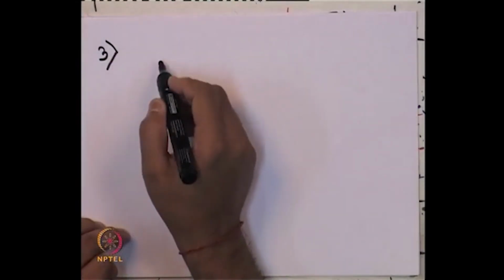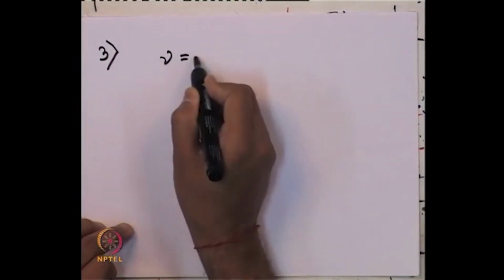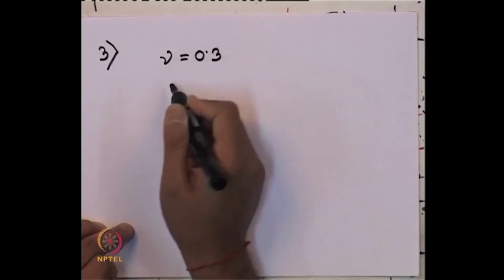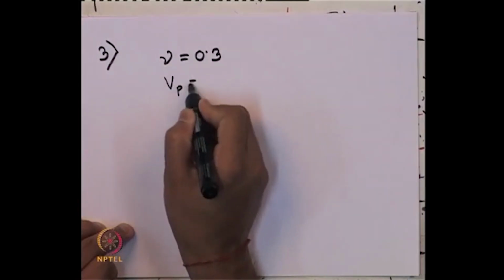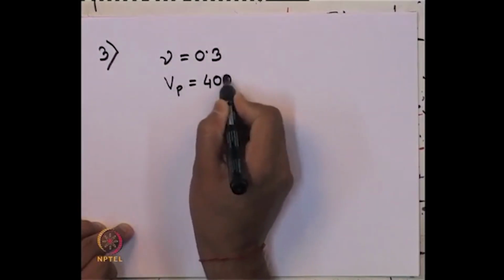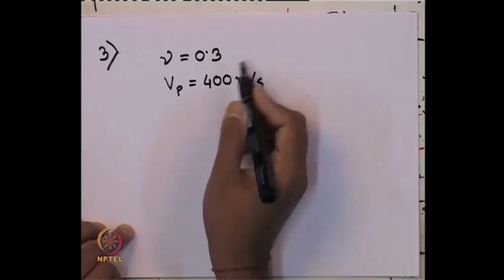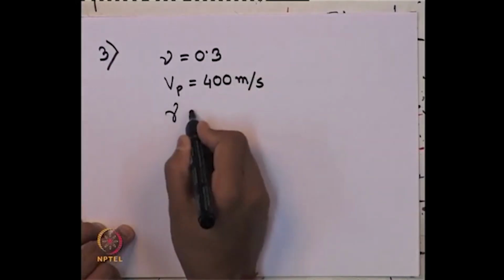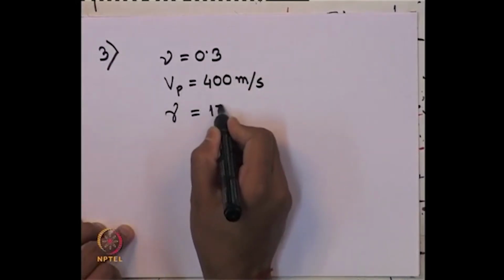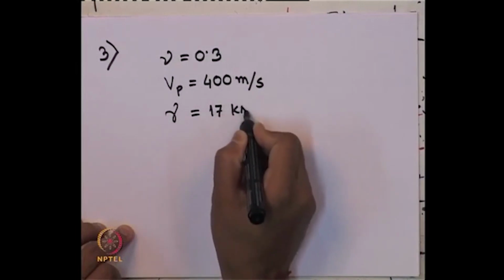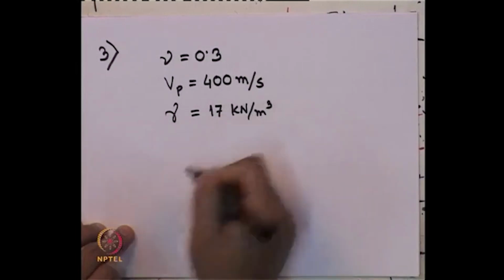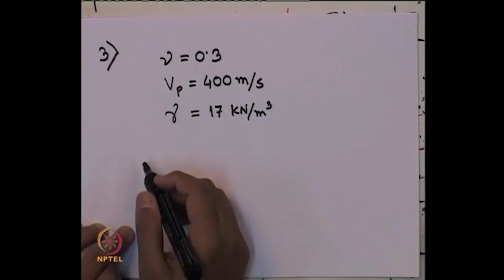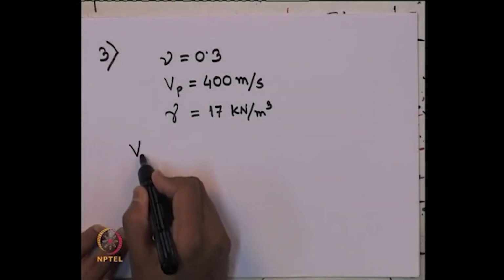So, problem number 3, the solution will be like this. Poisson's ratio is given as 0.3, Vp primary wave velocity is measured as 400 meter per second, gamma unit weight is given as 17 kilonewton per meter cube. So, what is the relationship between Vp by Vs?